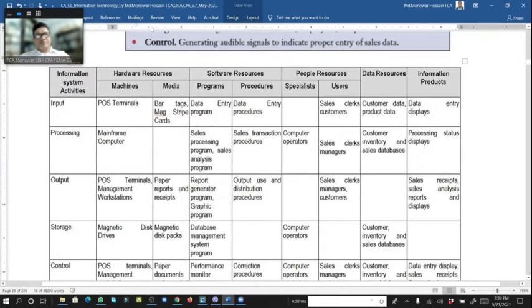Specialist computer operator is using that. And user is sales clerk, that means salesman. Data resource, customer, inventory and sales database within the organization system. And information product is processing status display: what is going on, how much money it is, and how they paid, etc., or display on the dashboard.